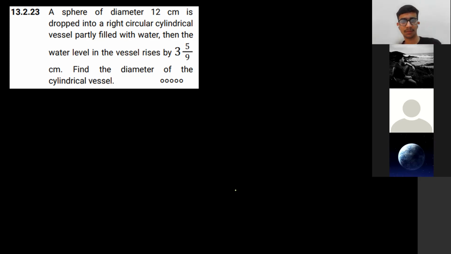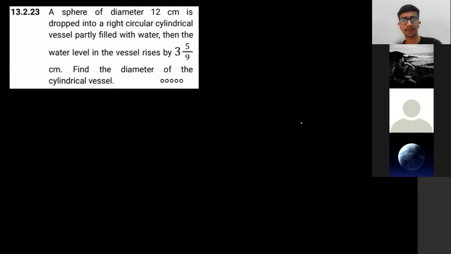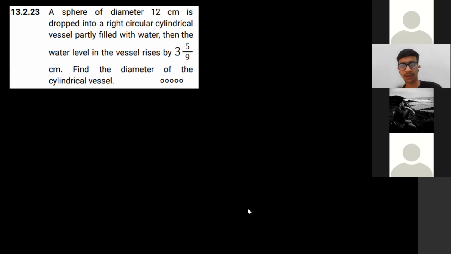Anirban has answered. Yes, Anirban, correct. Anybody who is confused, who feels nothing is making sense and doesn't know what to do? Neki, okay.